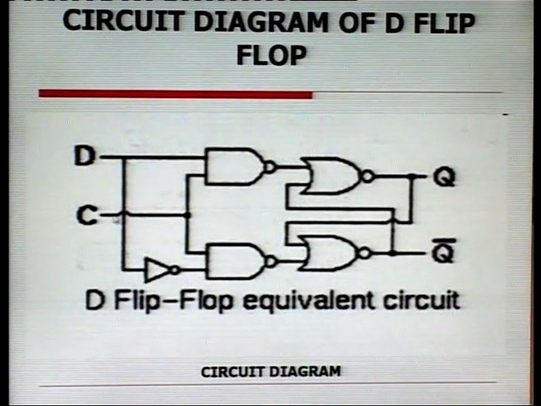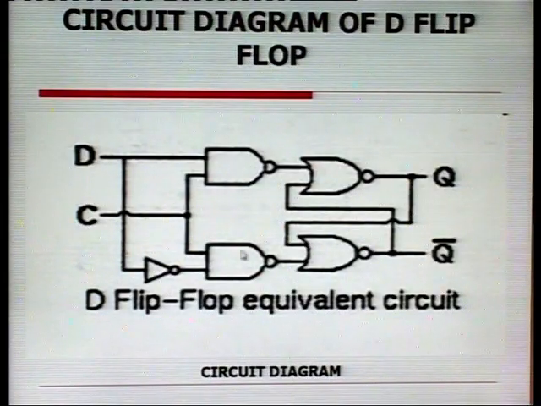In this, we have this clock signal and two enable gates for enabling the inputs to the flip flop. We have two NOR gates and two outputs here, Q and Q bar, which are being fed back to the inputs of these two NOR gates.